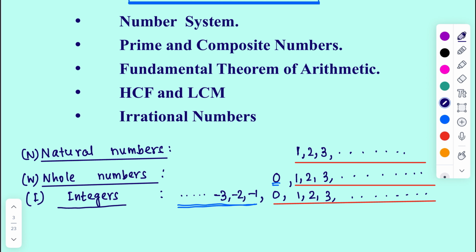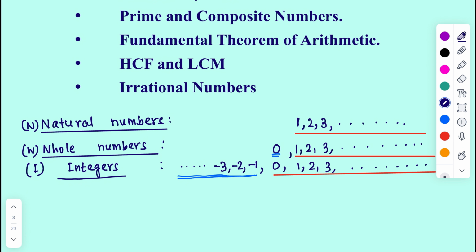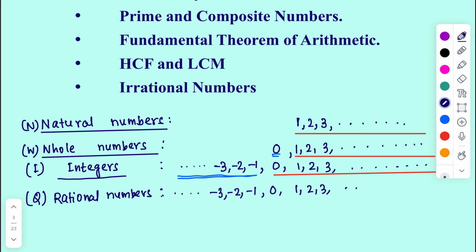Apart from this, we will read the rational numbers, which are an important one. Rational numbers are represented by Q, and contain all integers: negative numbers, 0, and all positive numbers.